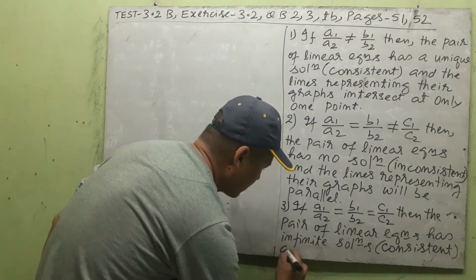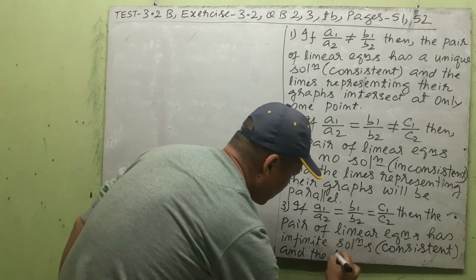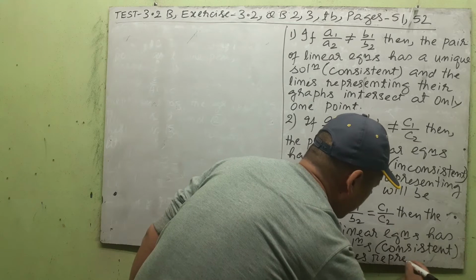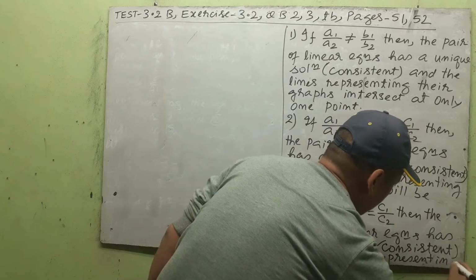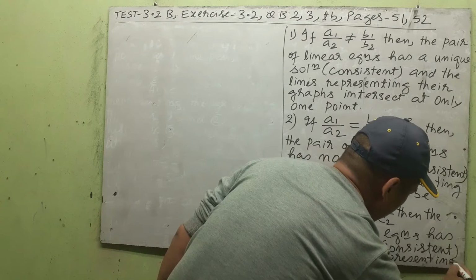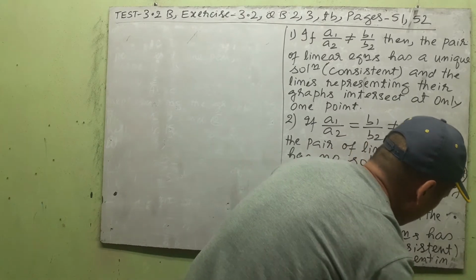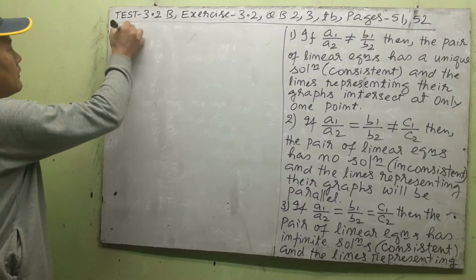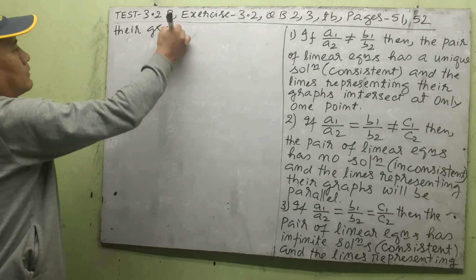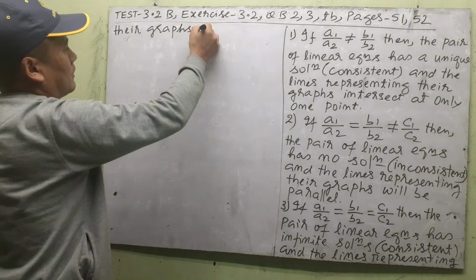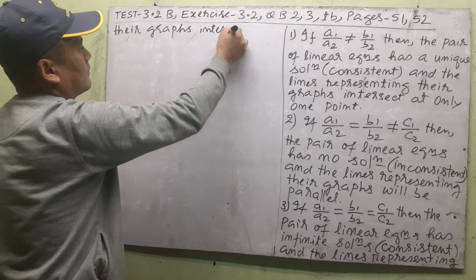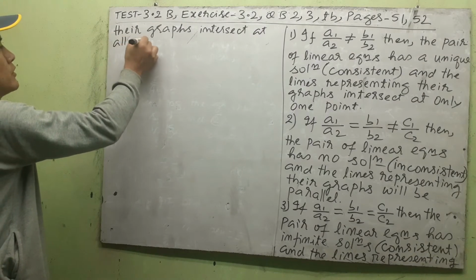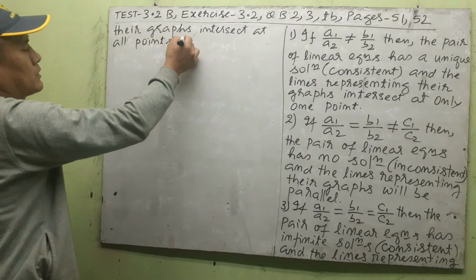And the lines representing, let me write it here. The graphs intersect at all points. That means the two graphs will overlap each other at all points.